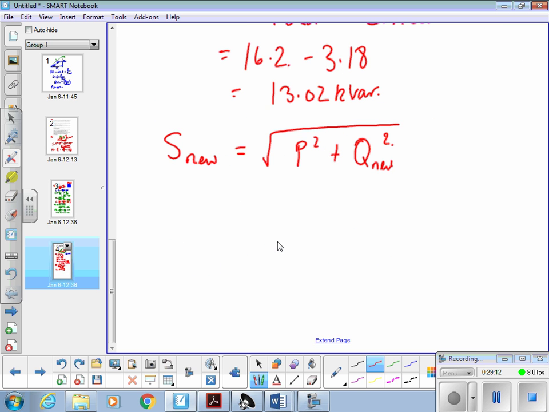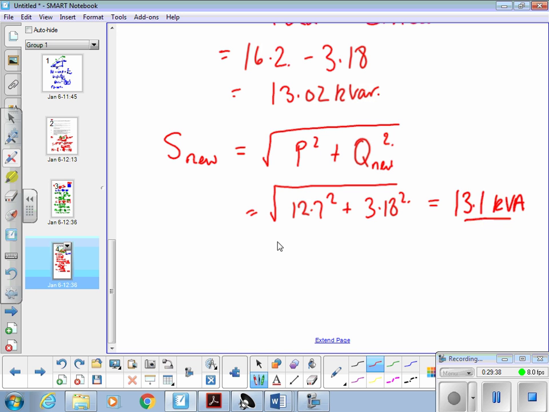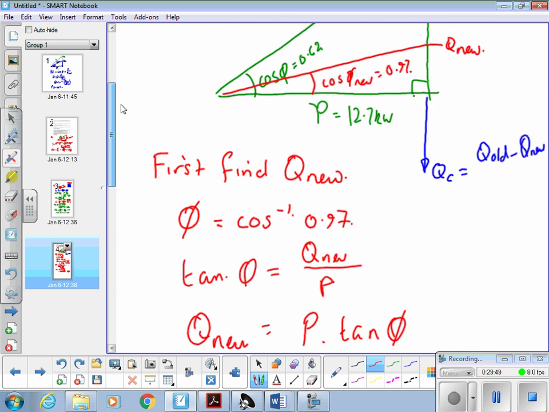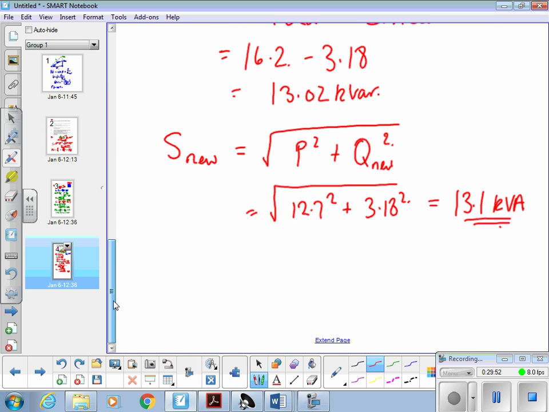P squared plus Q new squared, and the value of that is 13,100. Did we calculate the original line current? Yeah, we did, didn't we?